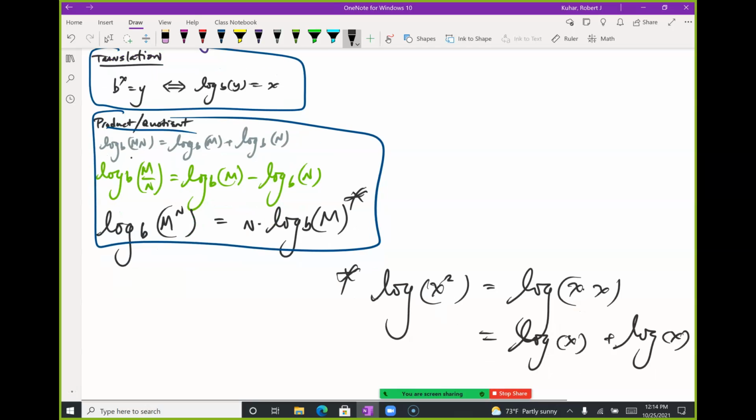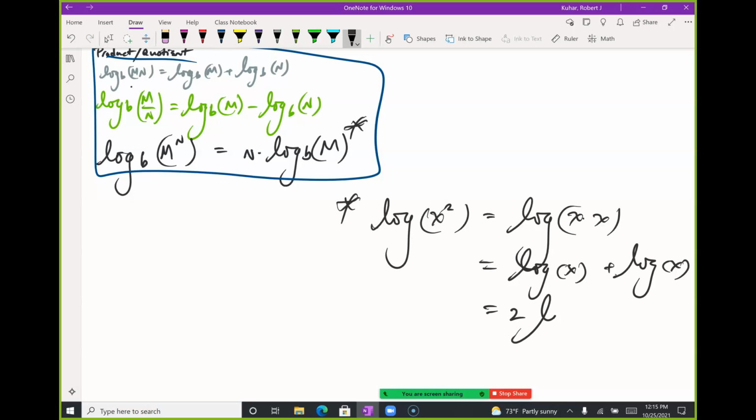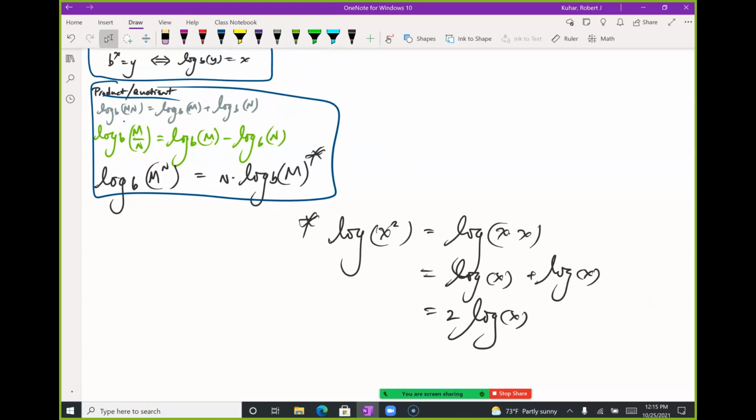And how many of those do I have? I have 2 of them. So you can really see how that exponent comes out as a coefficient, right? That's not a proof. There's a proof of this in the book, but it should kind of convince you that it seems to work, right? You can see that x squared, that 2 is coming out front as the multiple, just using previous properties.